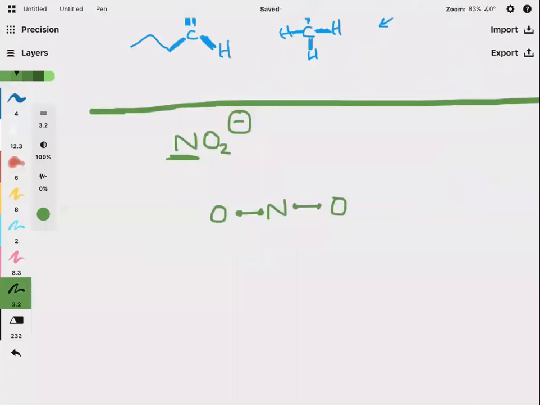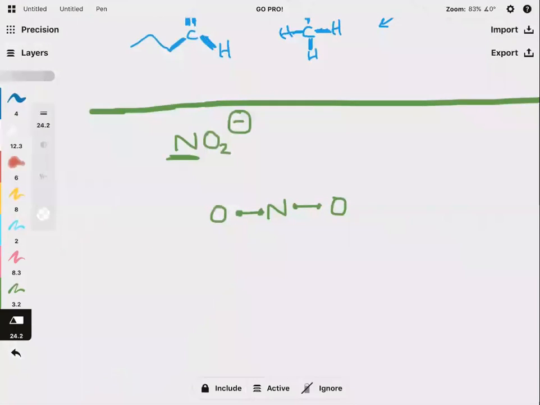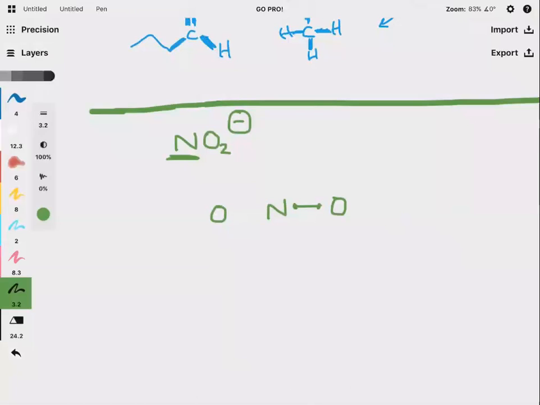So around our central nitrogen atom here, we have 4 electrons so far. It's bringing 2 to the table. So maybe we can double bond one of our oxygens. So let's say we allow for that to happen. And we can't forget about its lone pair that it has, right? It's group 5. So here's the valence electrons that this nitrogen has. 1, 2, 3, 4, 5.